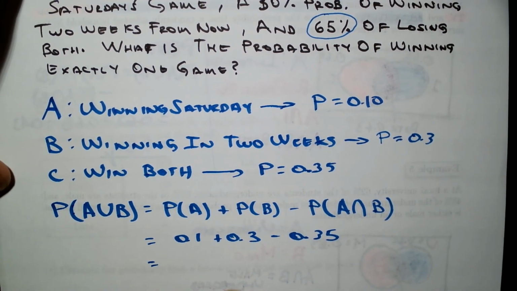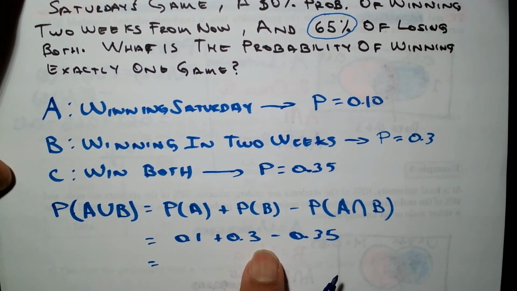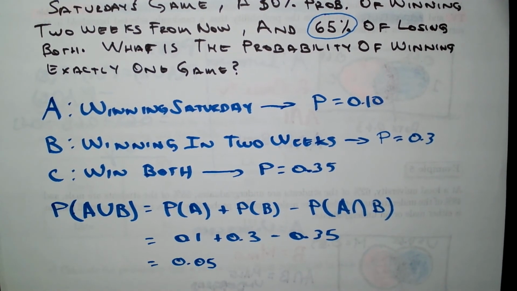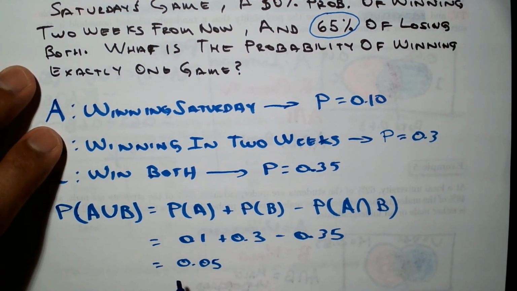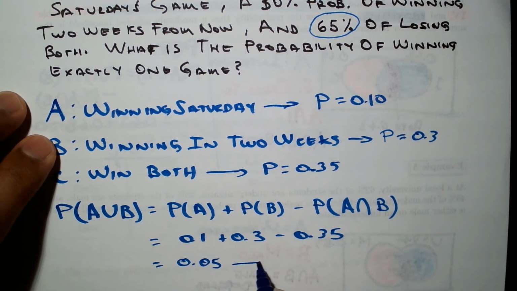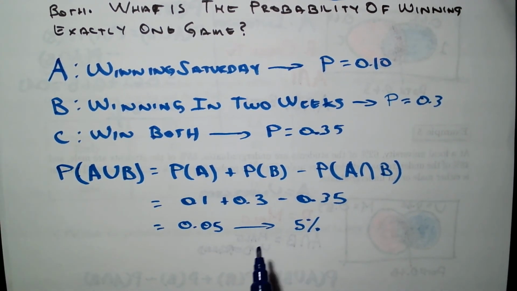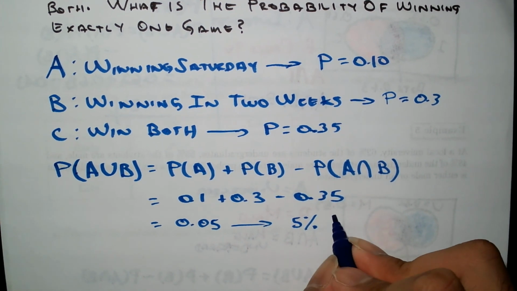So we are going to have 0.40 minus 0.35, that's going to be 0.05. If I'm not mistaken, let me do the calculation again. 0.1 plus 0.3 minus 0.35, and that is correct, 0.05, which is barely a 5% chance. So it looks like the SDSU football team is not doing very well.